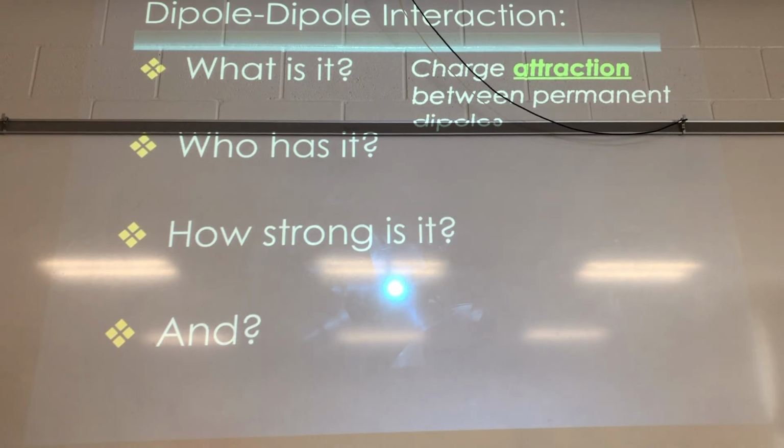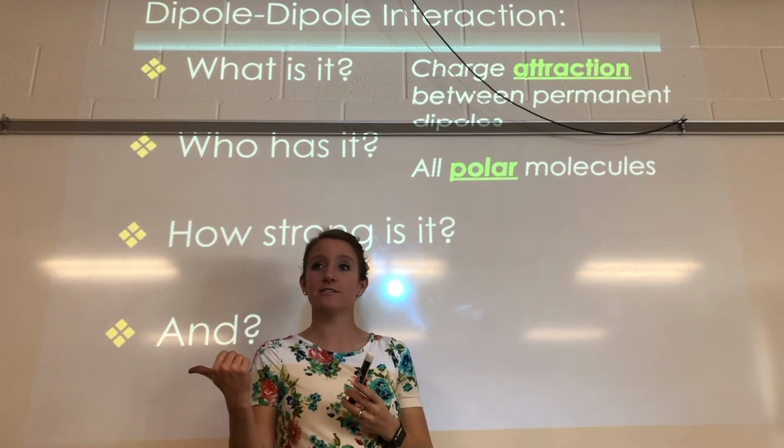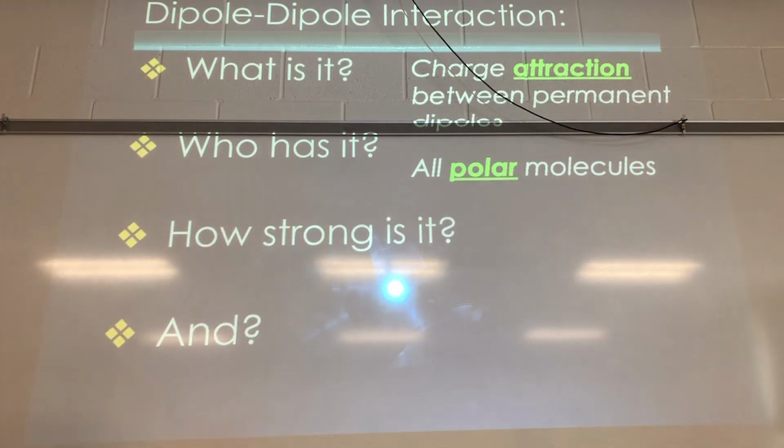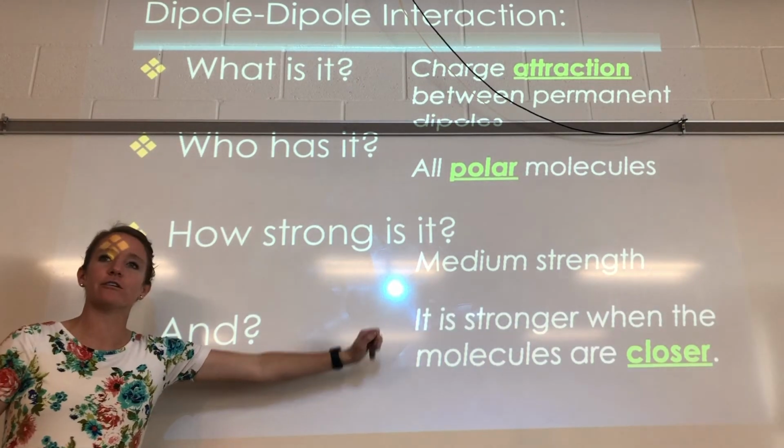In order for something to have this force, it has to be polar. Or vice versa, anything that is polar has this force. It's our medium strength, right? Falls in the middle. And if you can get the magnets to get closer together, it gets stronger.